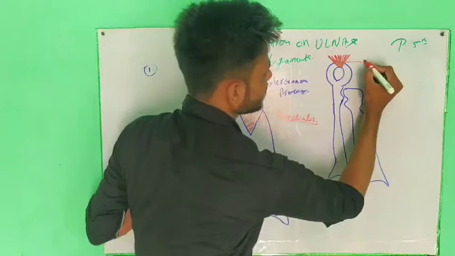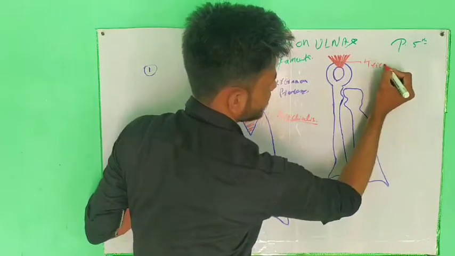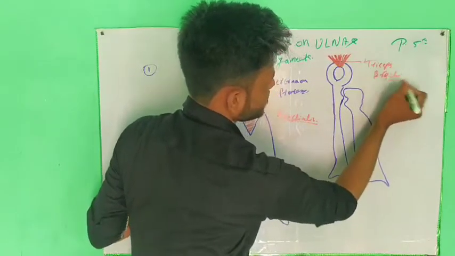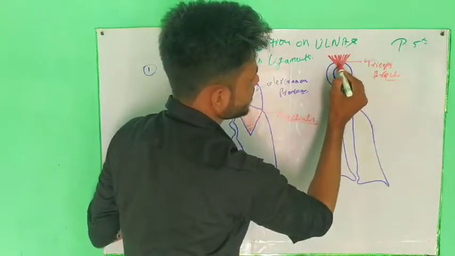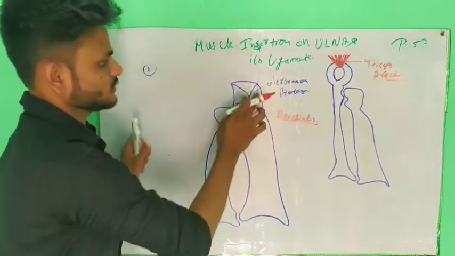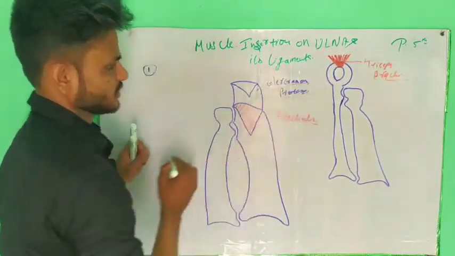This muscle is called triceps brachii. Triceps brachii is inserted on the superior surface of the posterior aspect of the olecranon process.